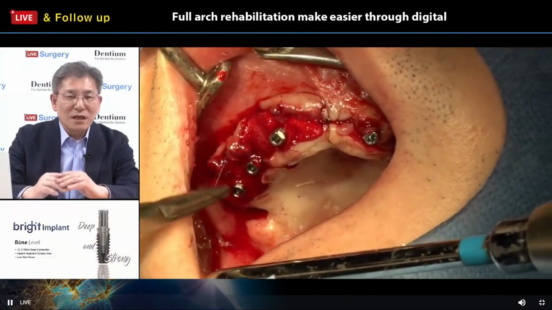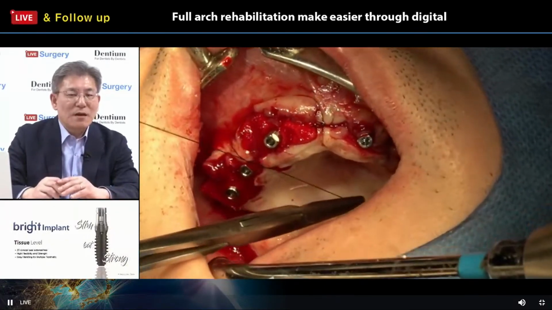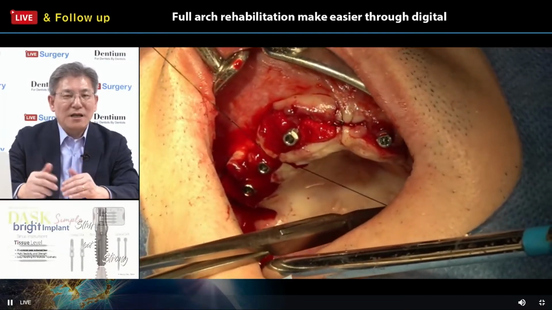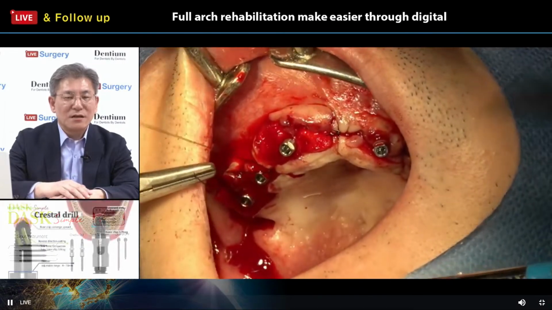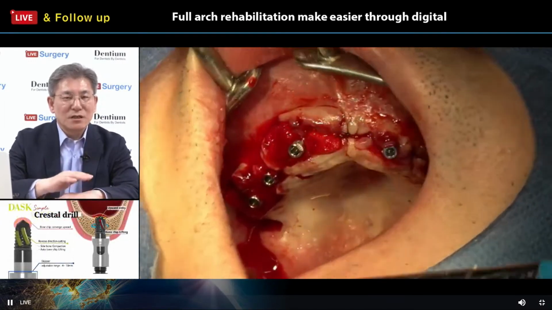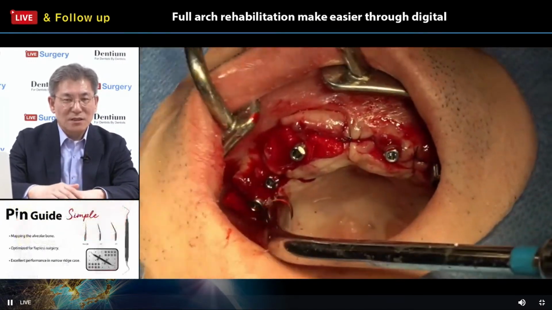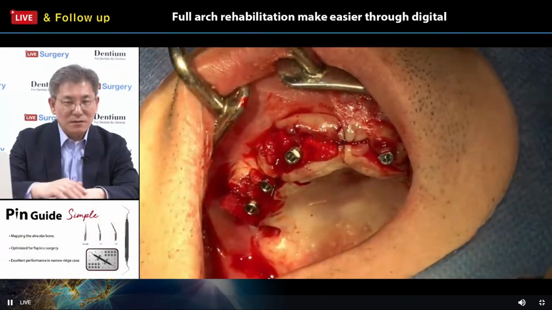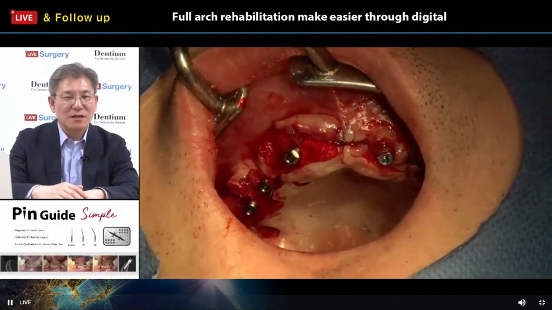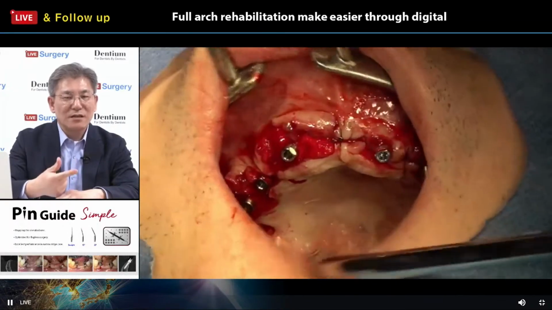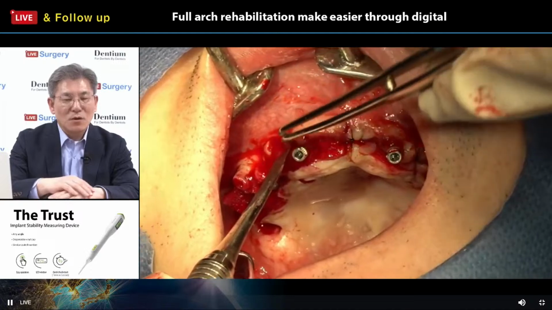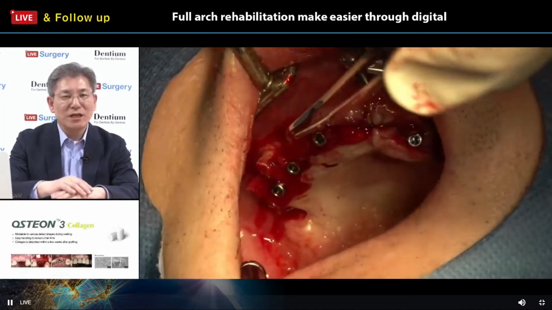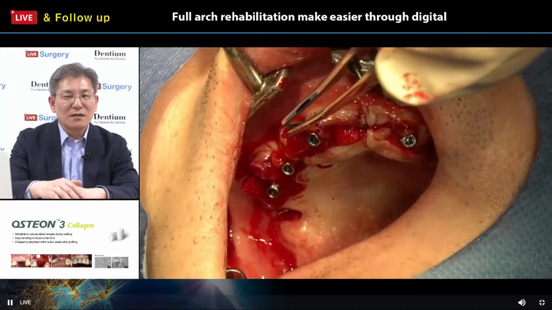Actually, the underneath grafted material is protected by 3-layer collagen. The first layer from the inside is the collagen from Osteo Geno collagen, right? Second layer, the collagen layer from Osteon 3 collagen, right?